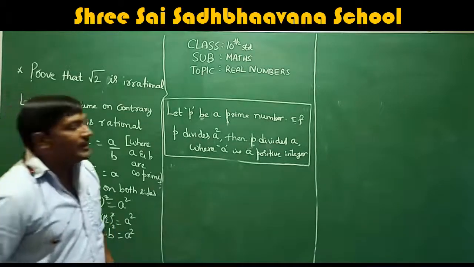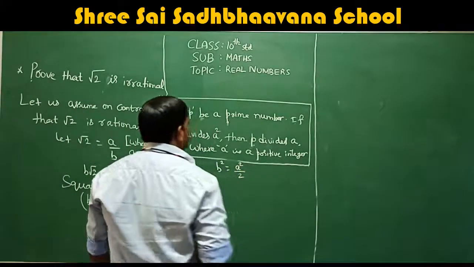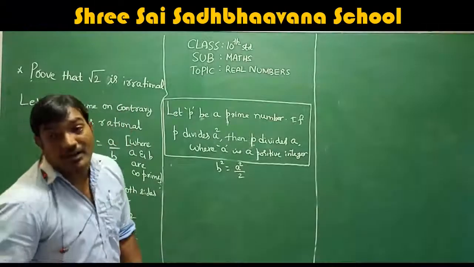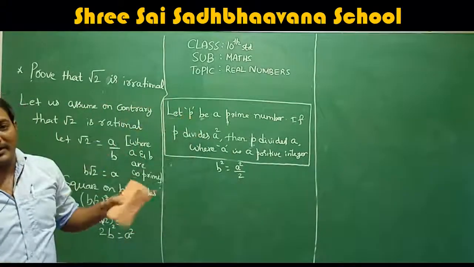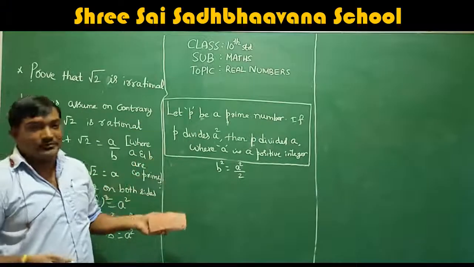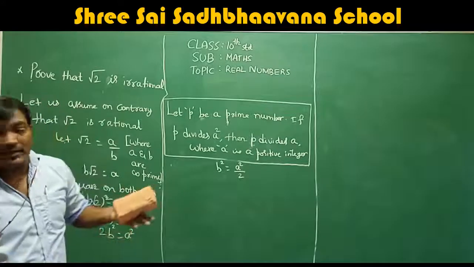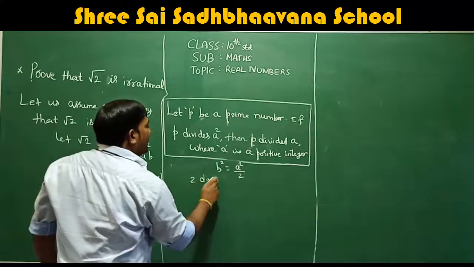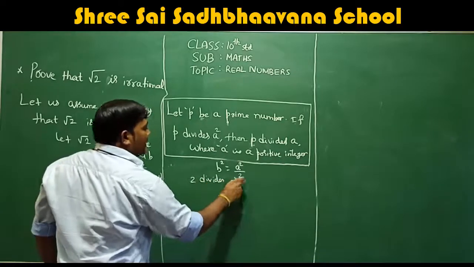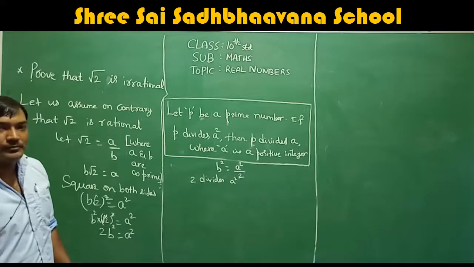Correct? Now you see, can I write b square is equal to a square by 2? You can send that to that side. Just by using the theorem, why I explained the theorem is because of this. So here 2 divides a square. Can I write 2 divides a square? Or you can write a square is divisible by 2.